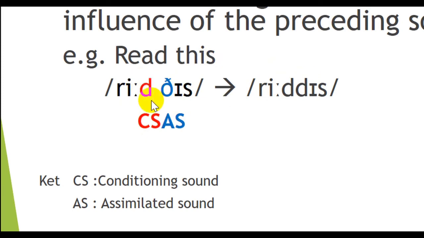So the one that influences is the preceding sound, the sound before the one that is changed. That is progressive assimilation.